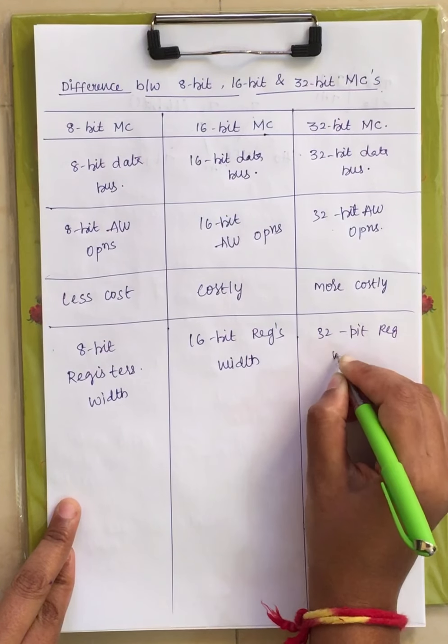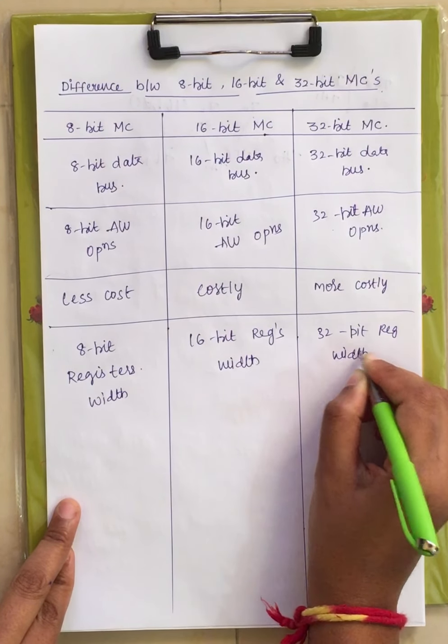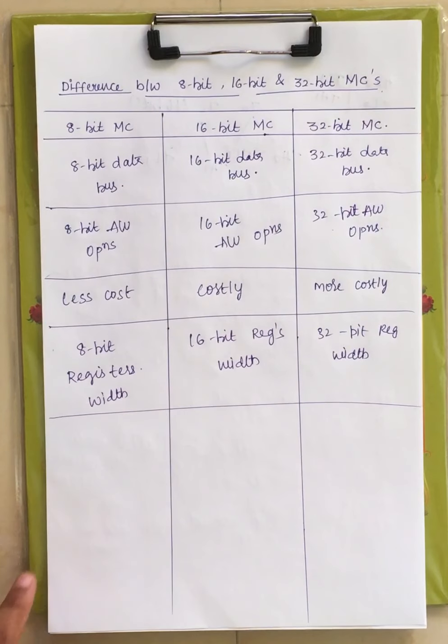All these contain registers in order to store values: 8-bit data, 16-bit data and 32-bit data respectively. This is the fourth difference between 8-bit, 16-bit and 32-bit microcontroller, right?